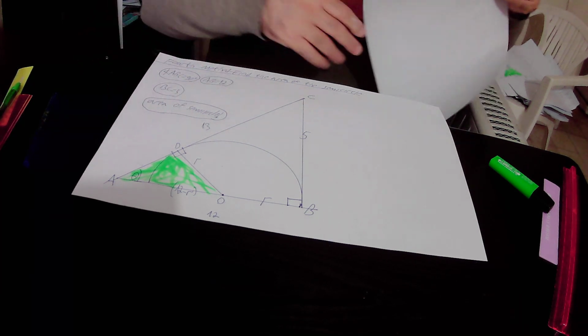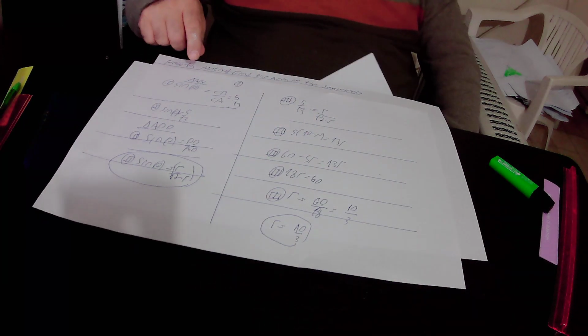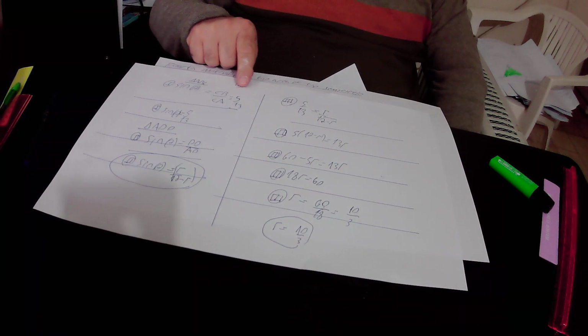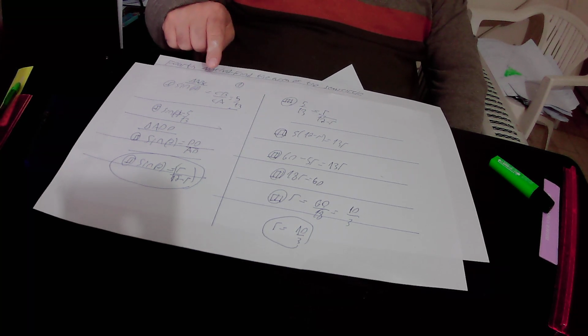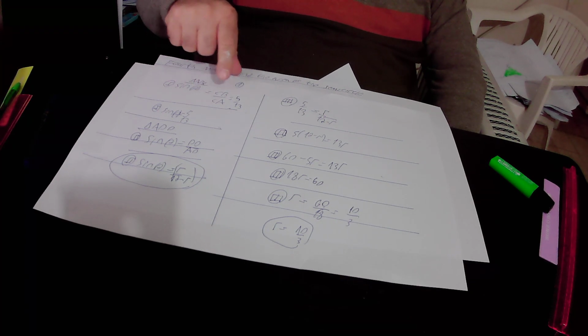In the right triangle ABC, sine theta equals CB over CA. CB equals 5 units, CA equals 13 units. So sine theta, according to equation number 1, is equal to 5 over 13.